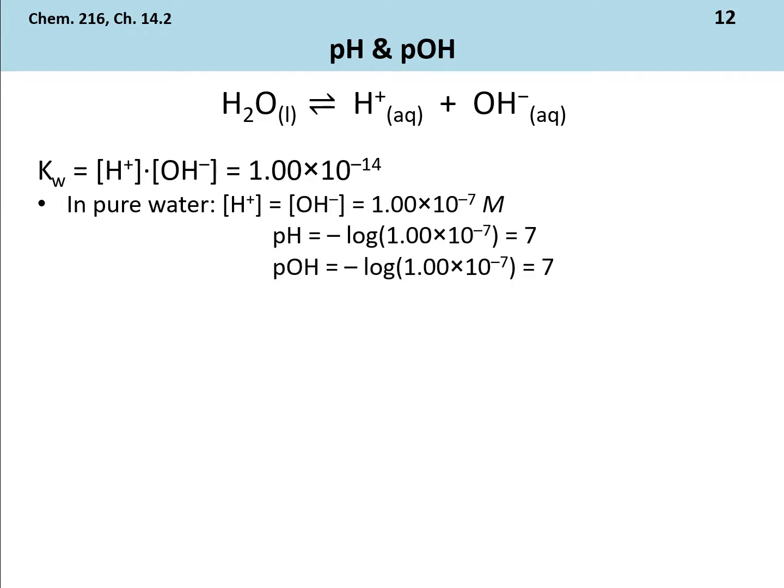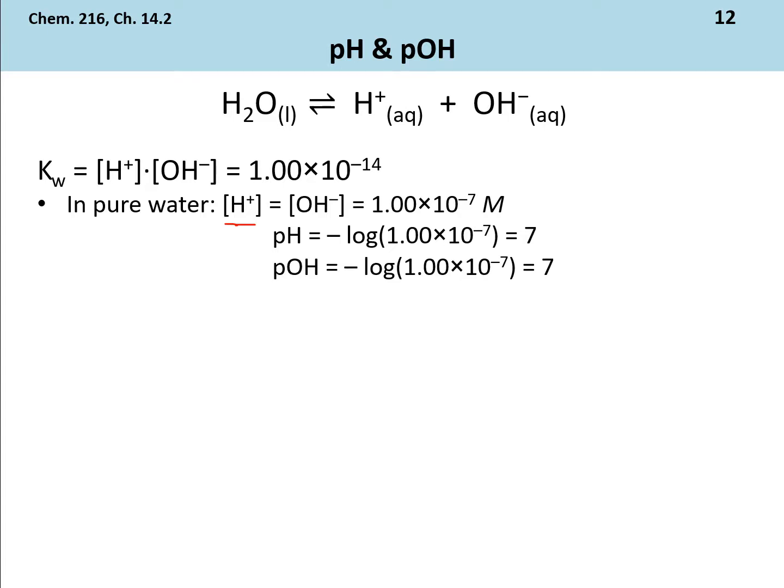Now remember, in pure water, we said that H plus was 1 times 10 to the minus 7th. If I put 1 times 10 to the negative 7th in my calculator and take the log of that, I get negative 7, and then I take the negative of that, and I get 7.